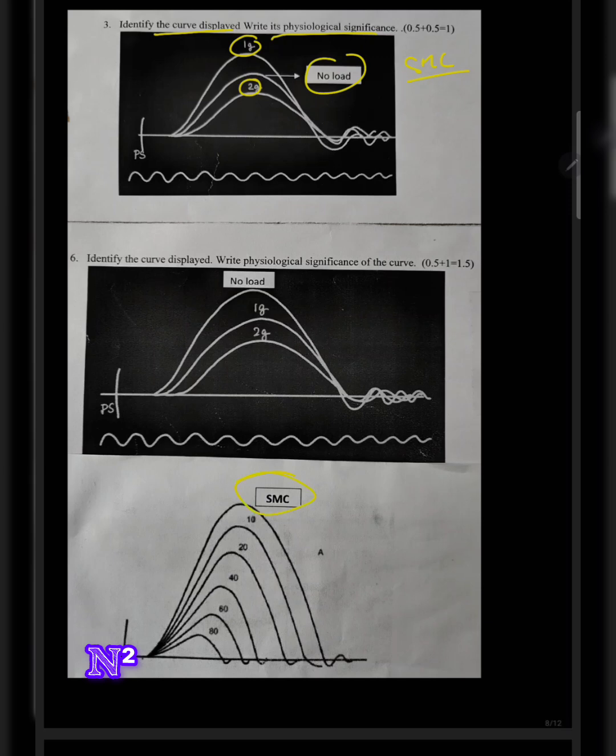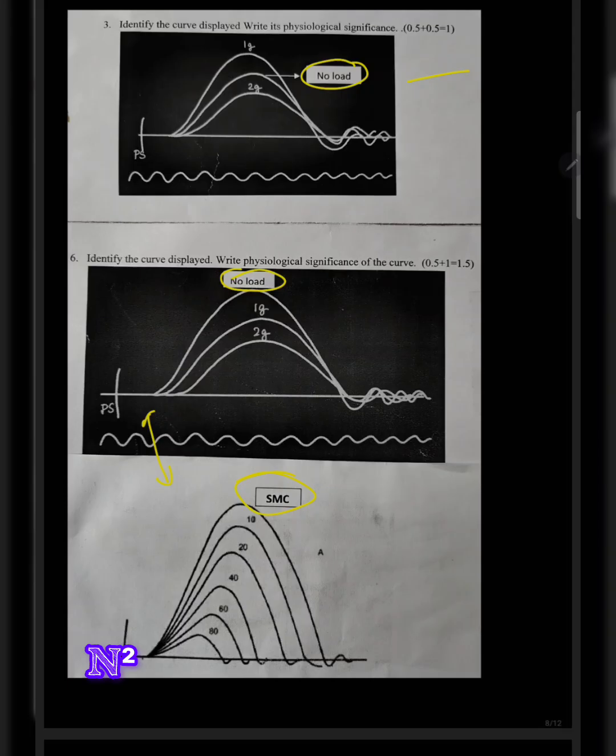Okay, so like this the legends could be written. Here is also another curve with a different morphology, like the no load is written at the top, and here the no load is written at the very middle. So these two curves are the same curve only.